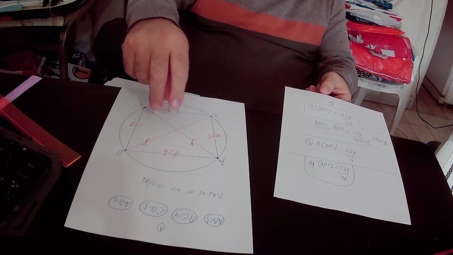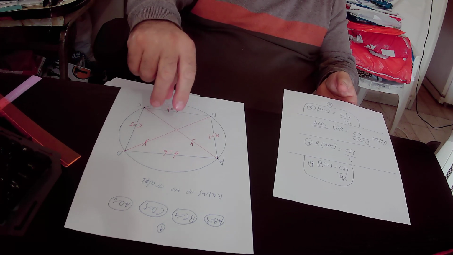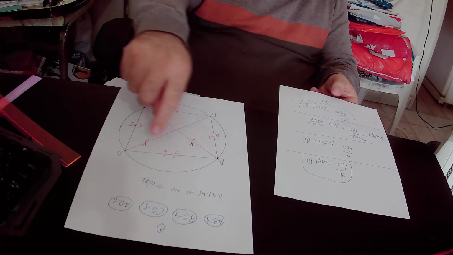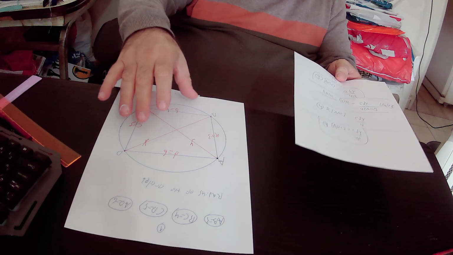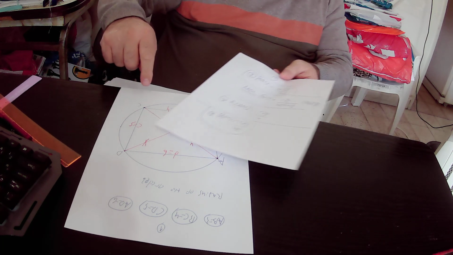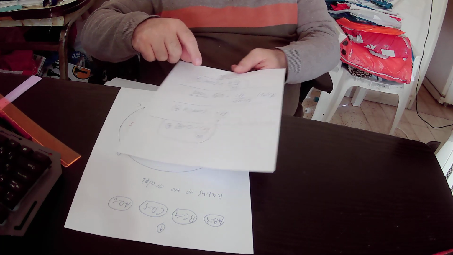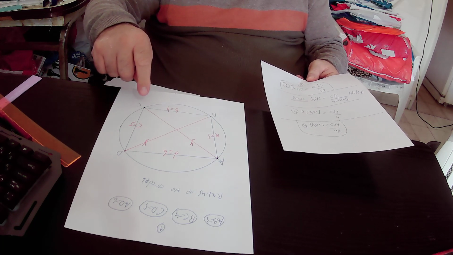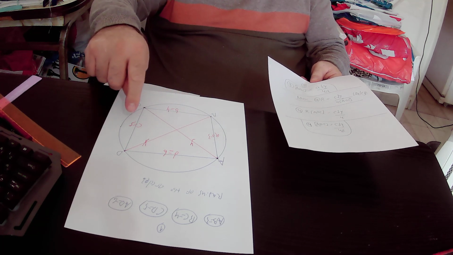Then we focused on this triangle, triangle ADC. As you can see from the drawing, triangle ADC is inscribed by this blue circle. Therefore, according to rule number 3, the radius of this circle that blocks triangle ADC will be equal to the product of the sides of the triangle that is blocked by the circle.